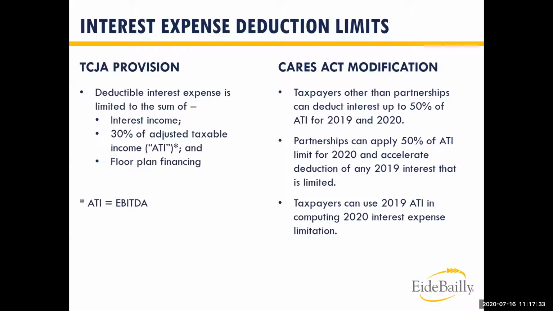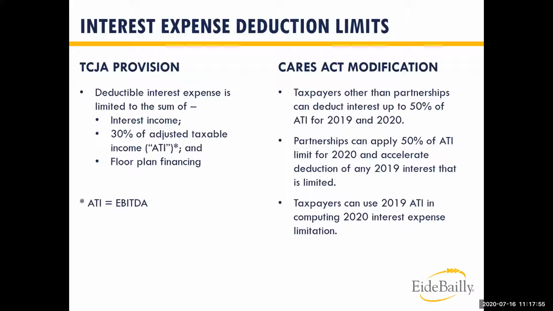The CARES Act increased that deductible interest threshold from 30% to 50%. For our taxpayers other than partnerships, this adjustment applies for both 2019 and 2020. For partnerships, it only applies in 2020, but there are some rules that allow us to accelerate the use of those interest expense deductions.